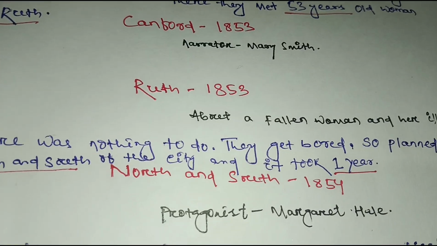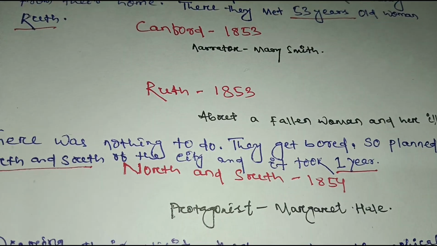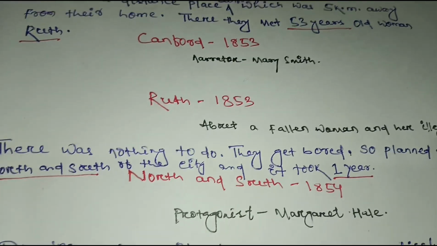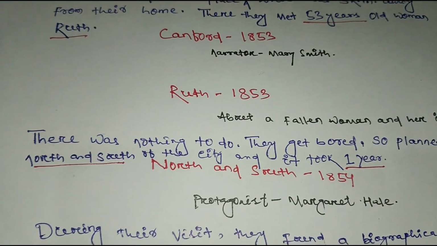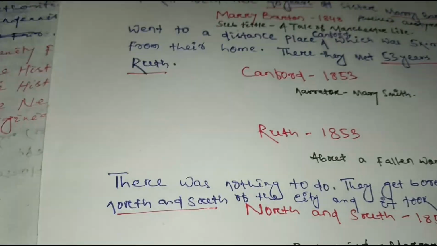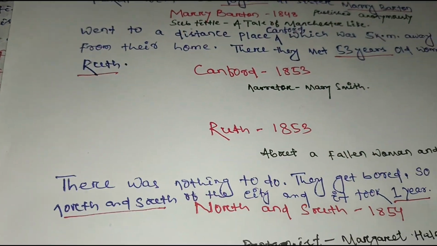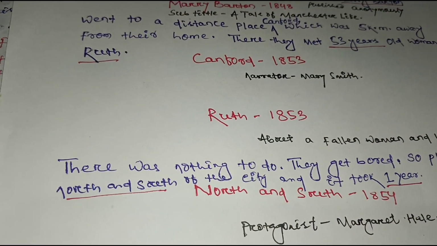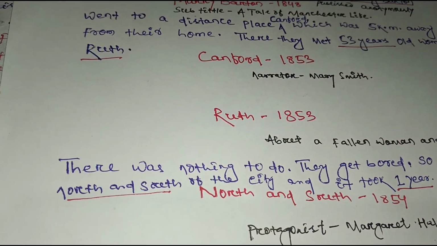Here we have to remember the protagonist Margaret Hale, and the novel North and South is about an industrial town.